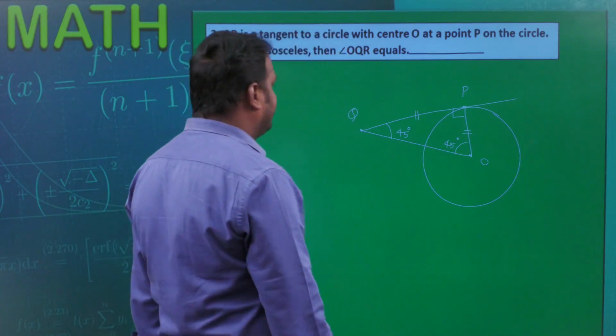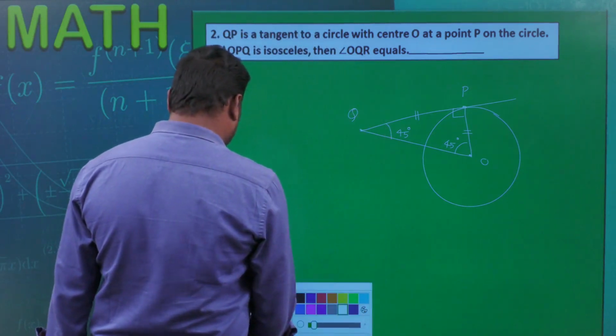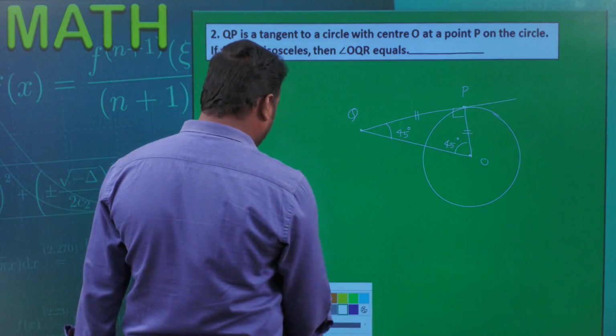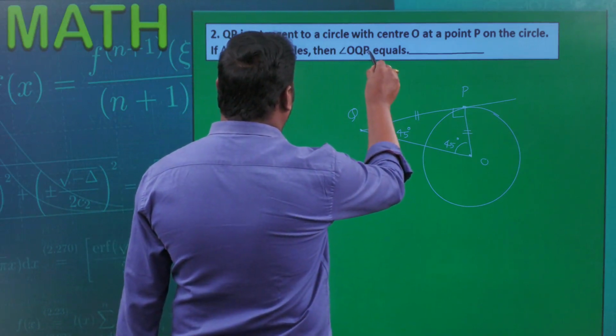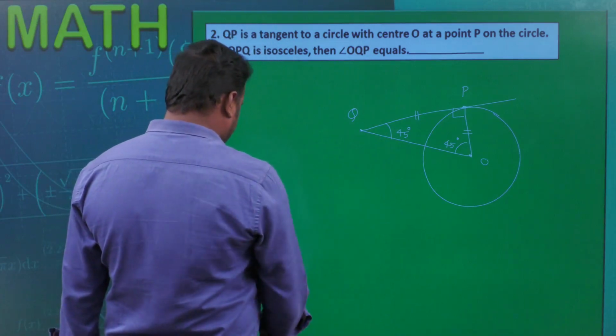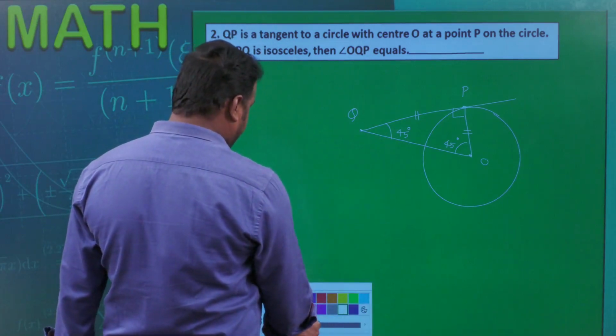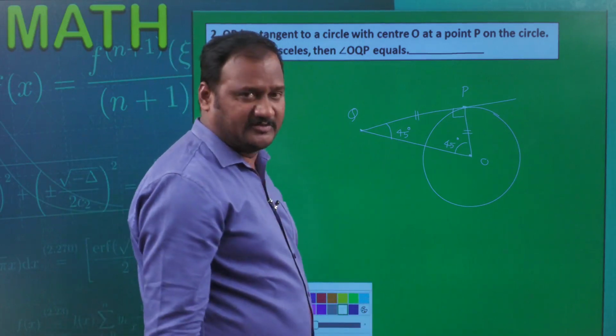It is not OQR, it is angle OQP, equal to what? This is the problem that is given. You understand? For this kind of problems, try to understand the situation so that you can easily answer the problem.